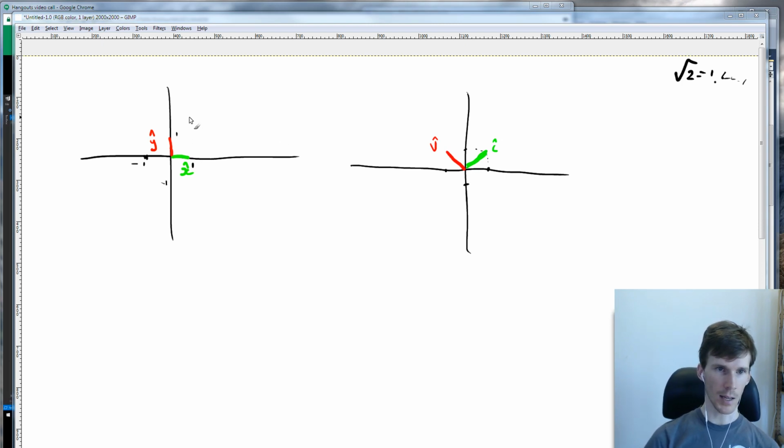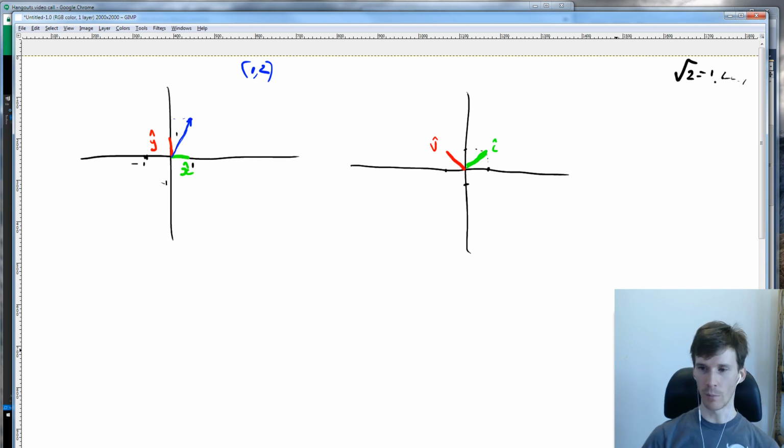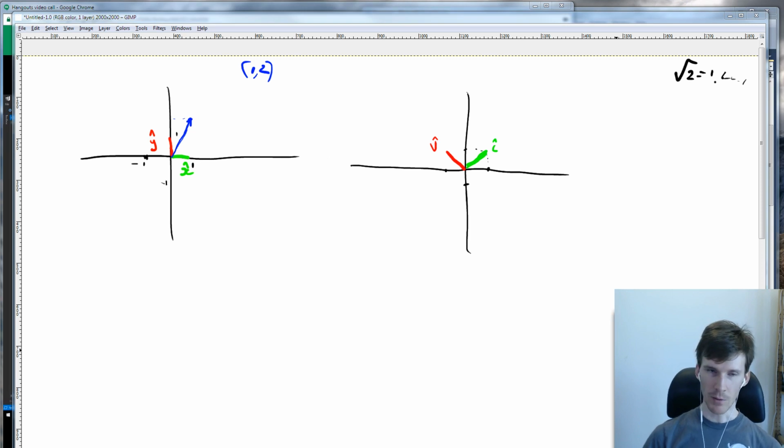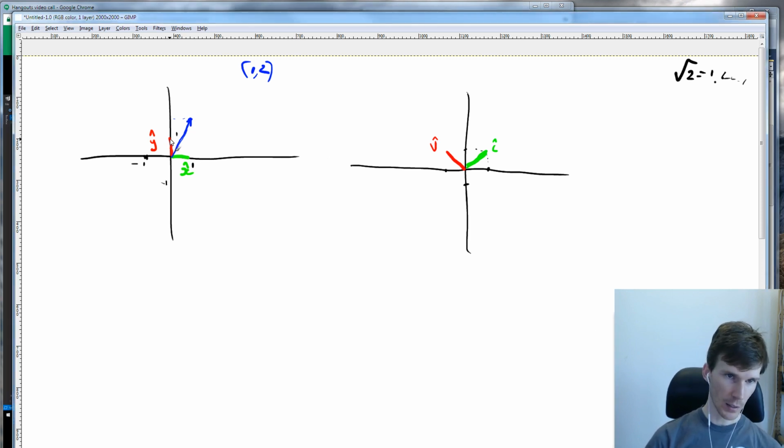Then we had a vector, I think it was 1, 2, and we said let's transform this vector. It's going to be 1 on the x-axis and 2 on the y-axis. To represent this vector, we take the basis vector y hat, go 2 on y hat, go up to here, and obviously it works in the other order as well, 1 on the x-axis, so 1 of x hat.